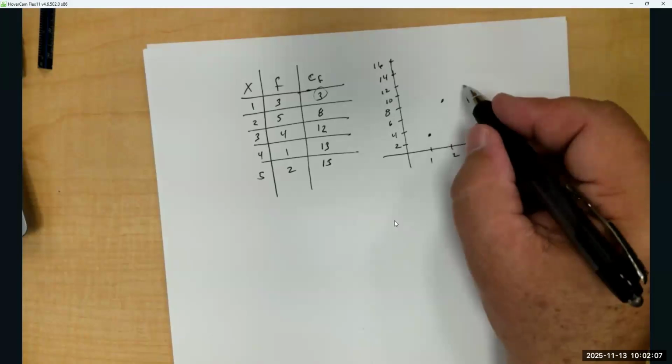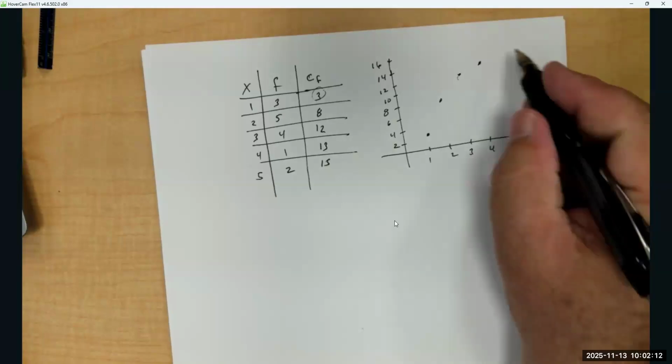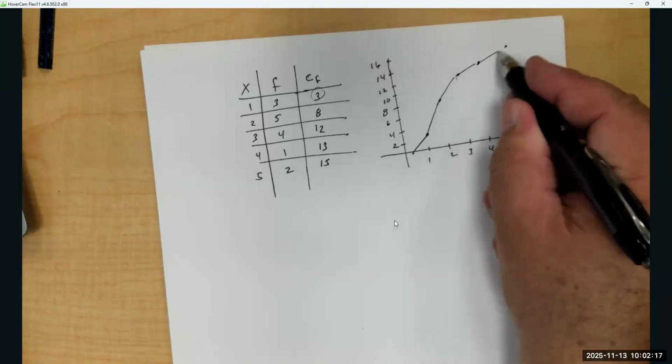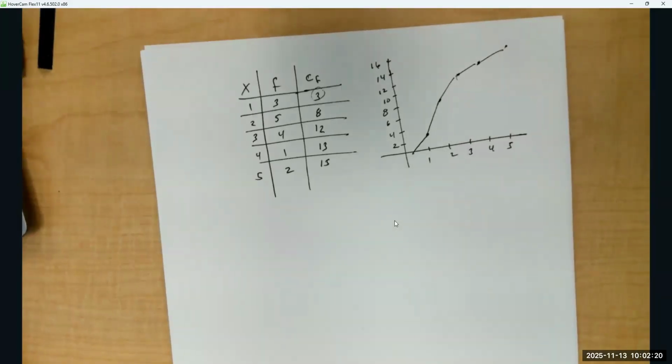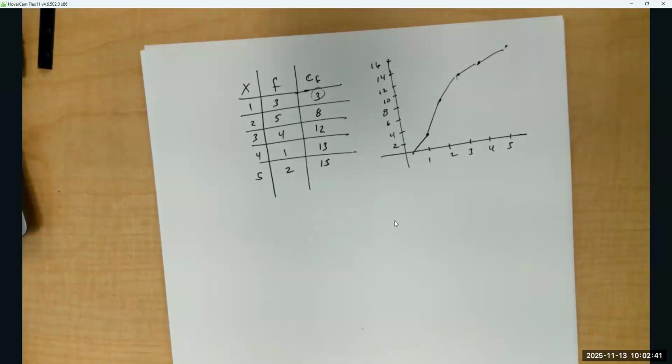Then we go to 12. Then 13. And then 15. So it's always an increasing graph. Either way, if it goes the other direction, then it'll be decreasing. What you want to do here is it shows you the change between each of your individual variables. Okay, we talked about those.